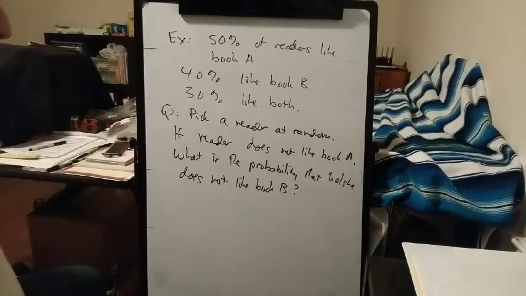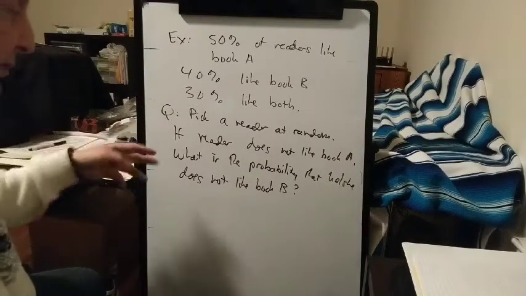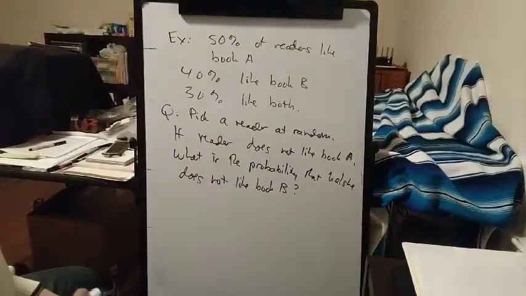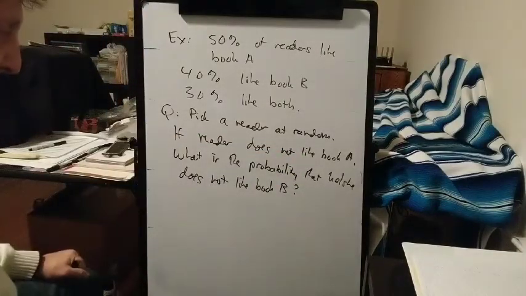Alright, so this is different than just picking a reader at random and asking, does the reader not like book B? Because we already have the information that the reader does not like book A, and let's think about how we're going to use that.